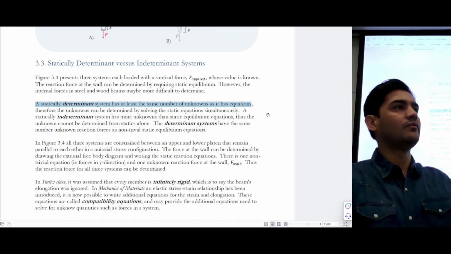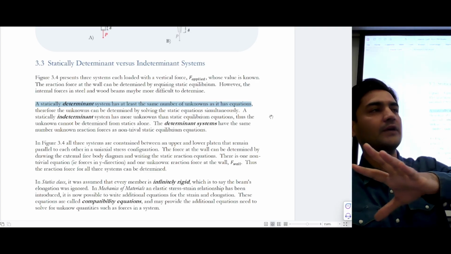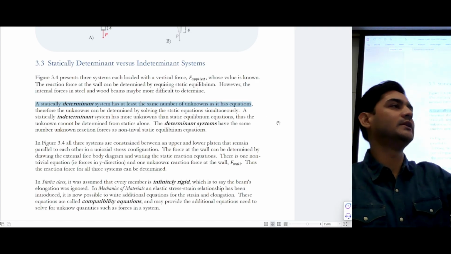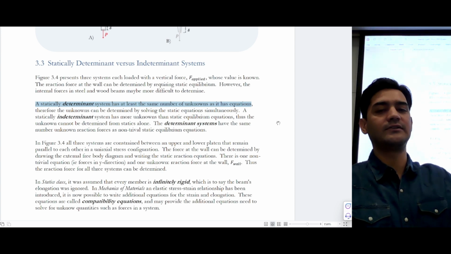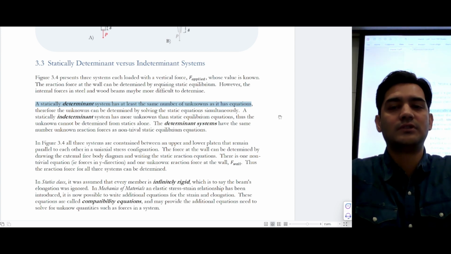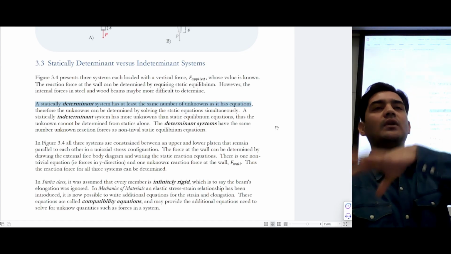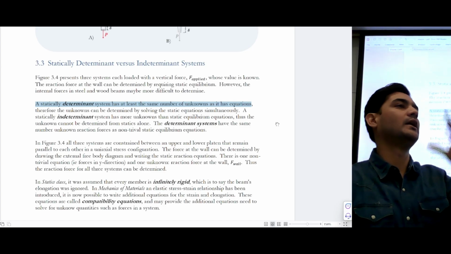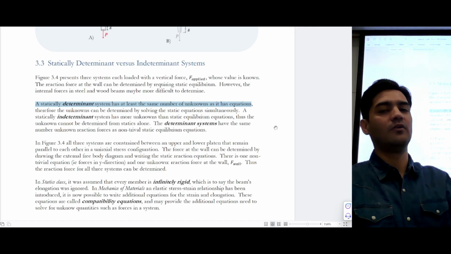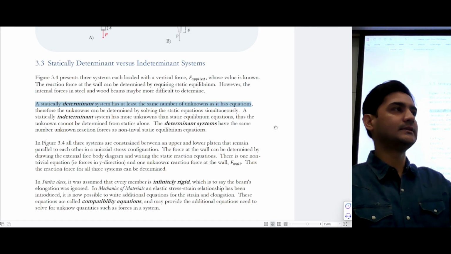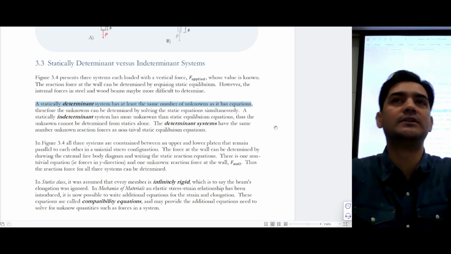So if you have the same number of unknowns and equilibrium equations, you can calculate the unknowns. The unknowns in this case are the reaction forces, reaction loads. So if you have three reaction loads and three equilibrium equations, you can calculate all the reaction loads from the equilibrium equations alone, and then this type of system is called a determinate system.